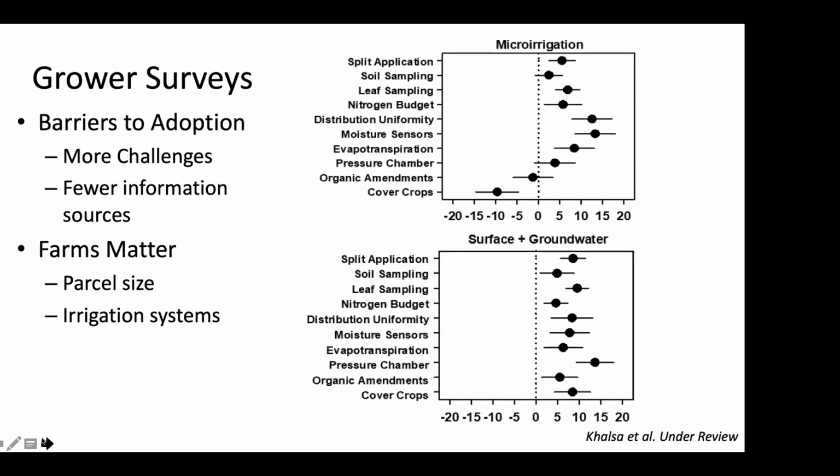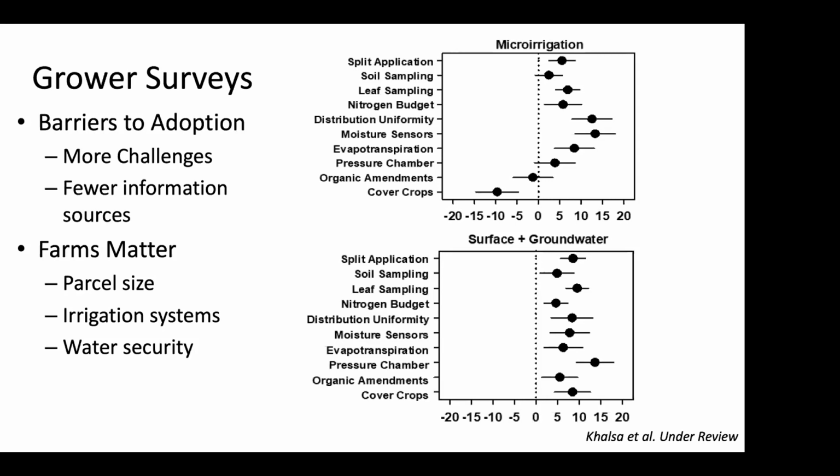What we found that was even more interesting related to water and farm infrastructure is when we asked growers what the water source is like on that farm. Again, in this case, the baseline would be groundwater only, compared to growers who identified having both surface and groundwater access, meaning that particular parcel had the ability to draw water from ditch water or also had a well on the property to get groundwater.